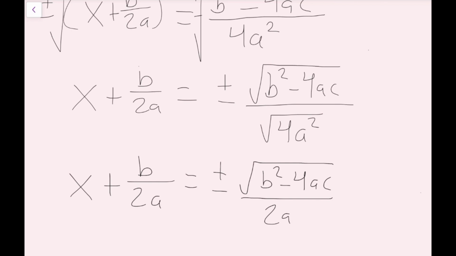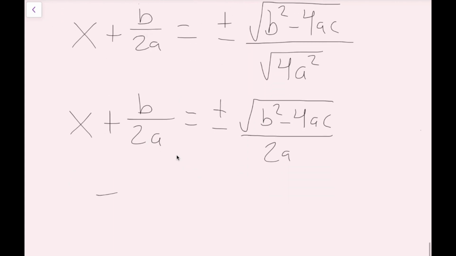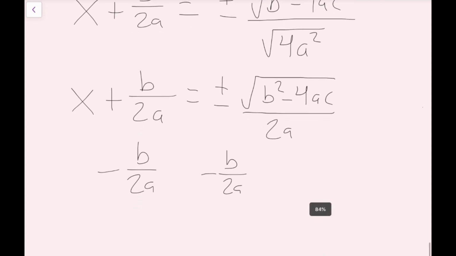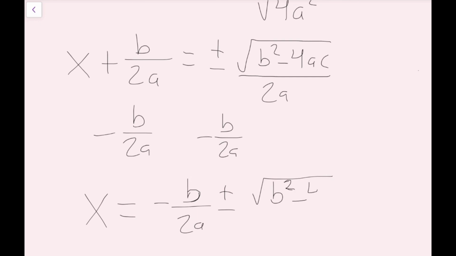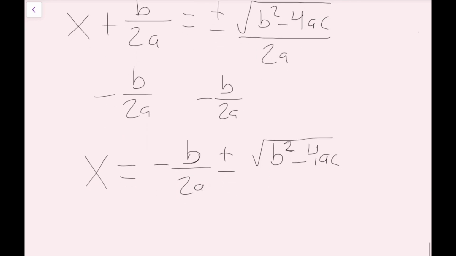All right, the last step to solve for x is to just get rid of this plus b over 2a. So I'll subtract that on both sides. And I'll write this term first because we have our plus or minus to start with. So I have x equals negative b over 2a plus or minus the square root of b squared minus 4ac over 2a.